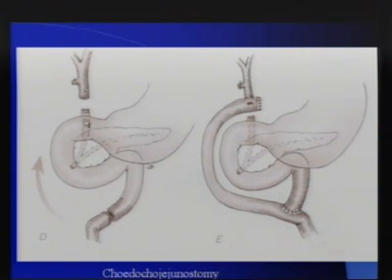Now, choledochoduodenostomy is a bypass, and this would be done for any retroduodenal or infraduodenal obstruction. If there is a stricture here, one can do a bypass by constructing an end to side choledochoduodenostomy, which is done on a Roux-en-Y pattern.